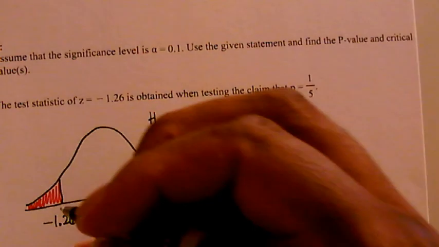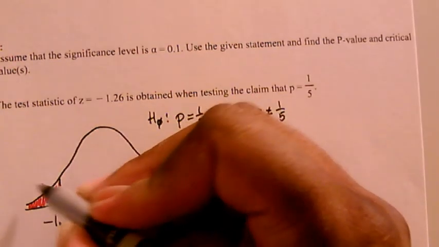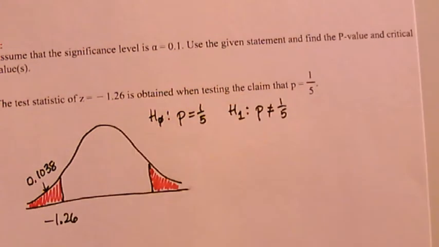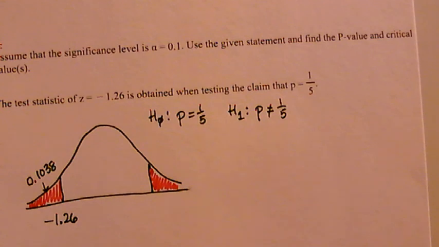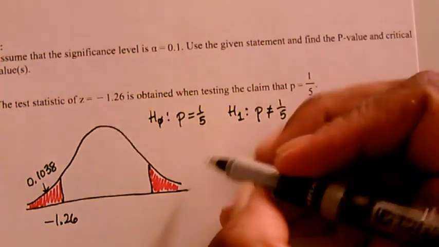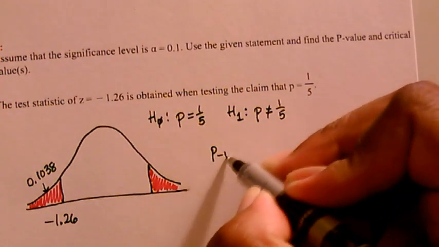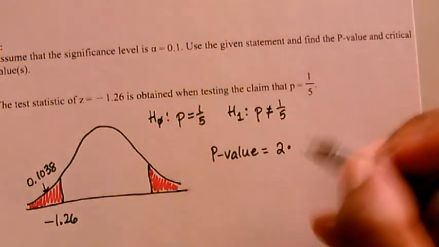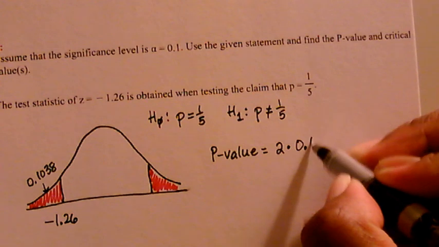But that's only half your p-value. So to get the whole p-value, since it's a two-tailed test, you have to take 2 times that probability value.